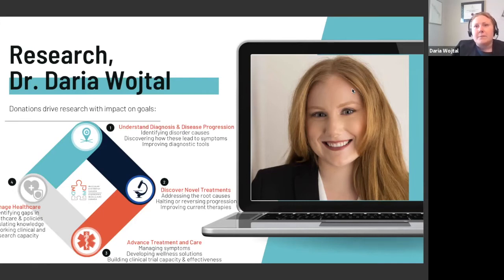These two aims fall generally under the preclinical arm. These are studies that are done in animal models. And the next two, number 3 and 4, are more on the clinical side of things. So we have advancing treatment and care, looking at various interventions that may manage symptoms, developing wellness solutions, as well as building clinical trial capacity and effectiveness.